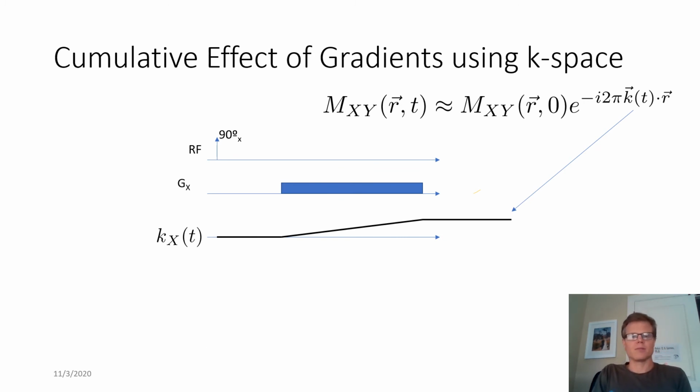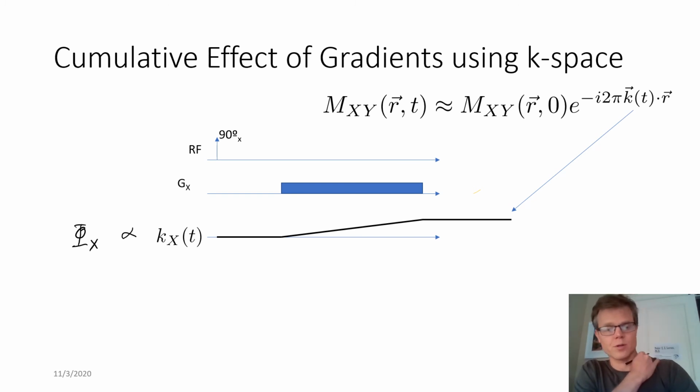So here's an illustration of the K-space trajectory for a simple case of just applying an X gradient. If you recall from the last chapter, sometimes we use this phi of x to represent the phase accumulated due to the gradients.